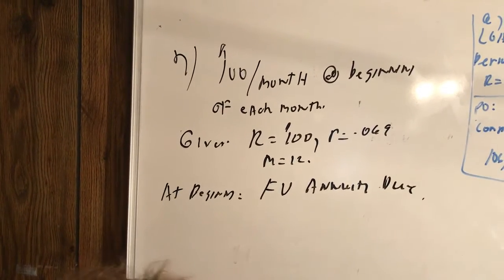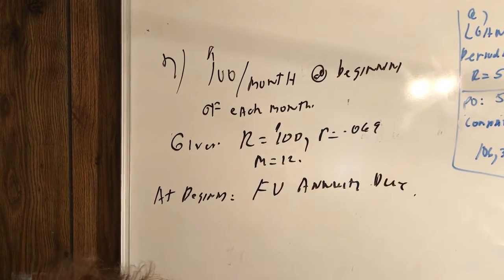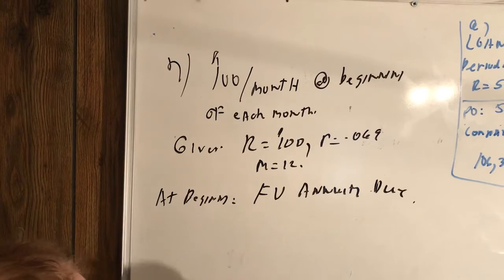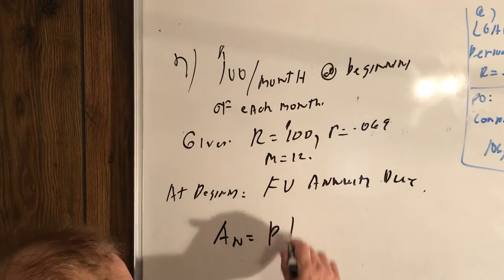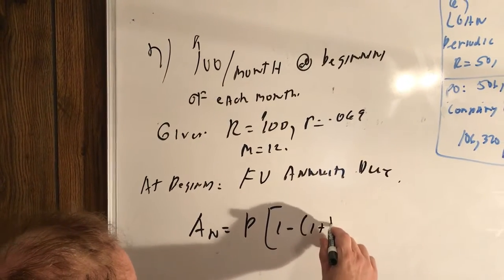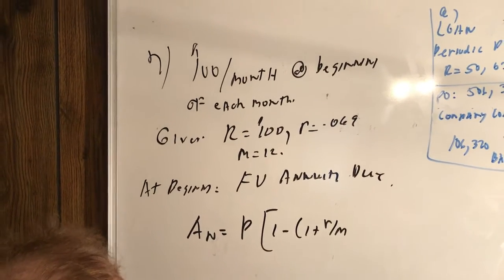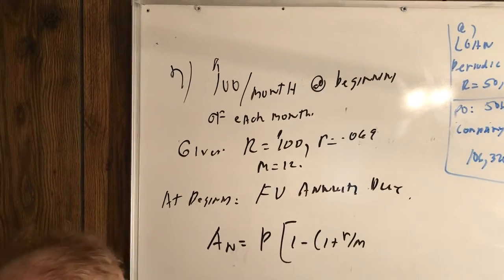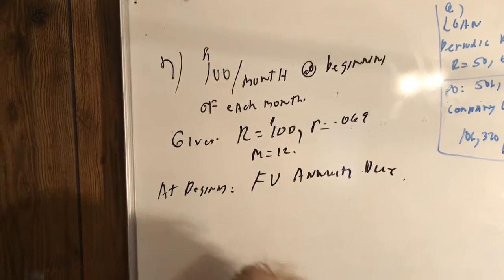And I think you guys, it might have been my fault, but you got confused. I didn't take this off. But that's going to be the future value, 1 minus 1 plus R over M. Oh, we're doing the future value. This is present value. My fault. Oh, geez, you're kidding me.